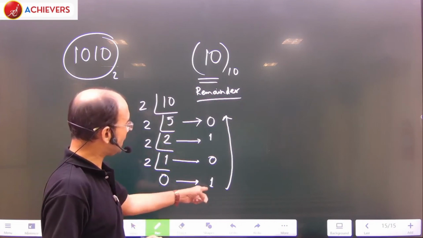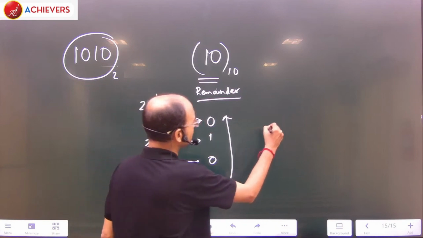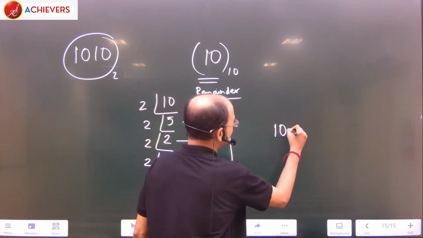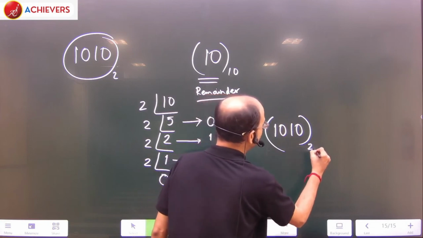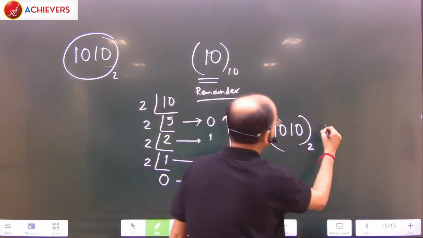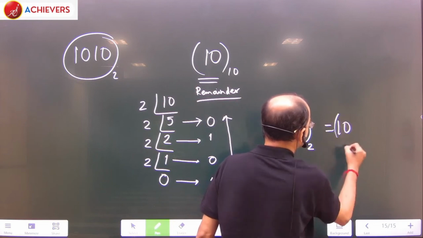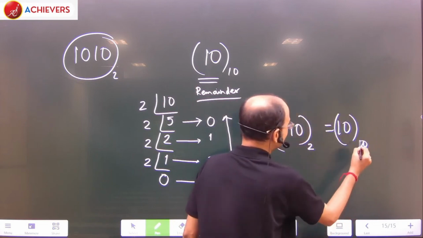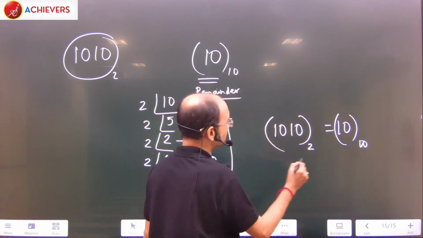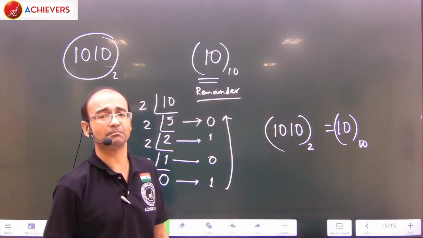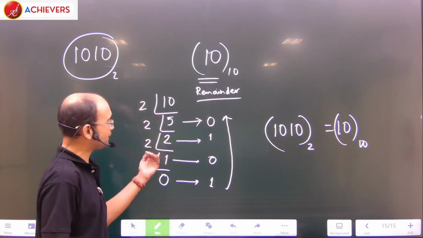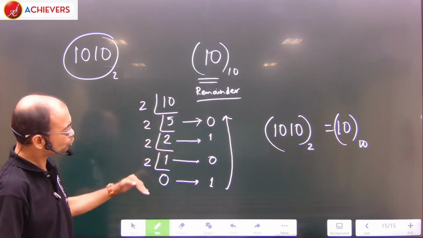So it will be 1 0 1 0. So we will be writing it upside down. So 1 0 1 0 is the equivalent binary with respect to 10 decimal number system. So this is how we can convert decimal to binary.